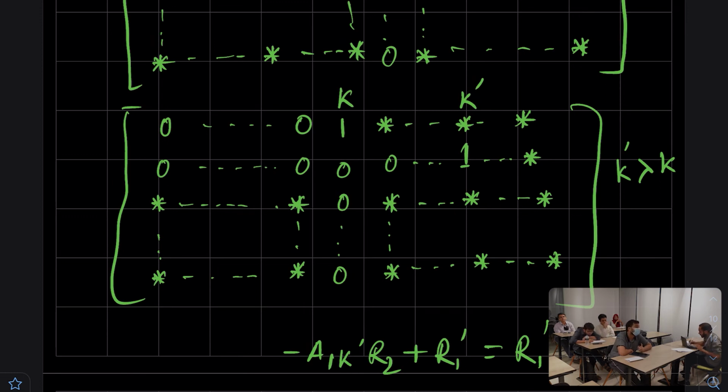Okay, this entry, right? Because in the row reduced matrix, the definition is that in the column, only the leading one is the non-zero entry and all other entries are 0, right? So if that star is already 0, then we don't have to care about it.